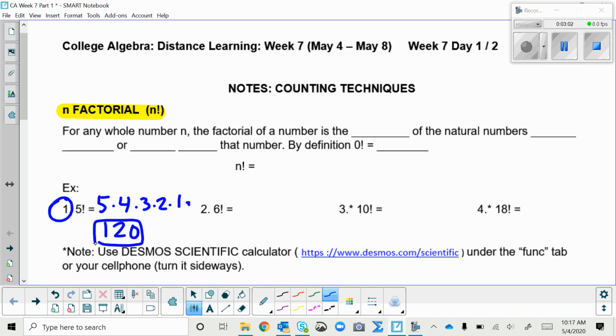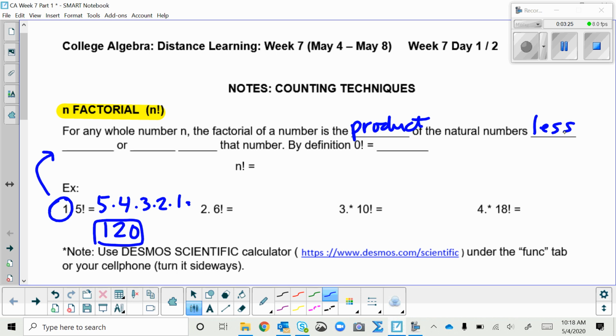In general terms, so I'm going back up here to the definition. For any whole number n, the factorial of a number is the product, which means multiply, which we did in that specific example. The product of the natural numbers, I think I said integers, which includes 0.